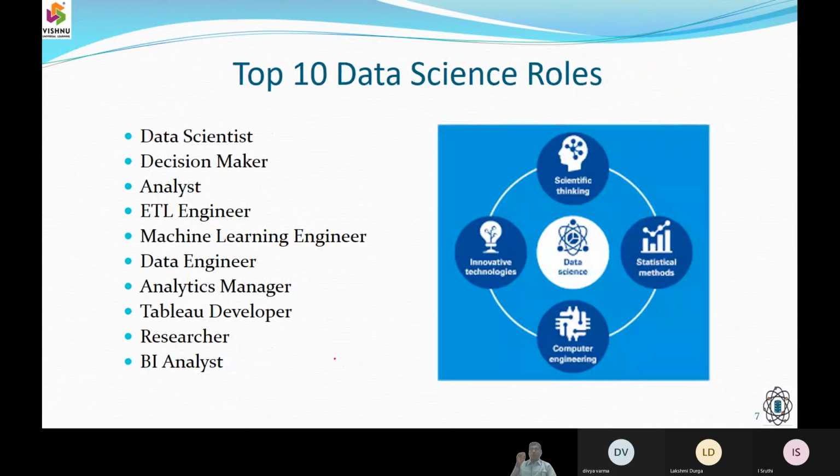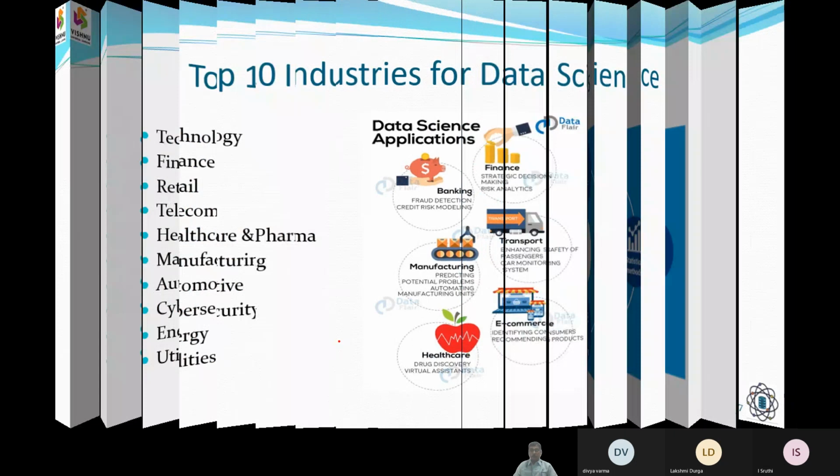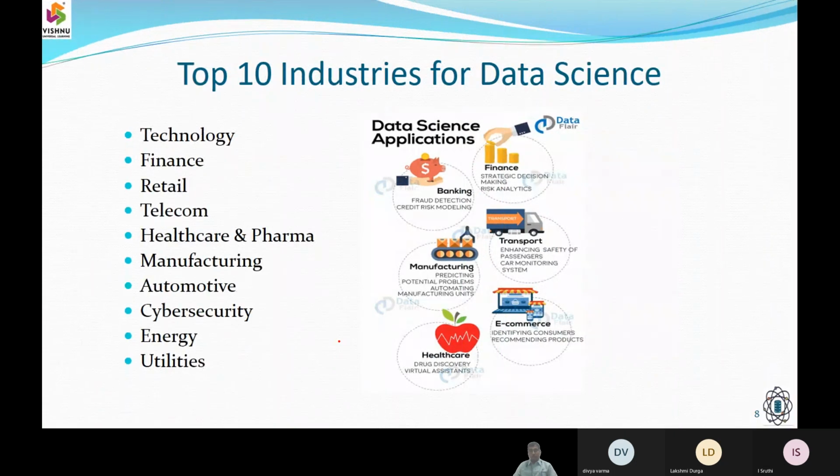What will be the job opportunities? What will be the top 10 roles for data science? There we can see that data scientist is one of the prominent roles. Similarly, decision maker, analyzer, machine learning engineer, data engineer, researcher. There will be a lot of opportunities if we take up a career in data science.